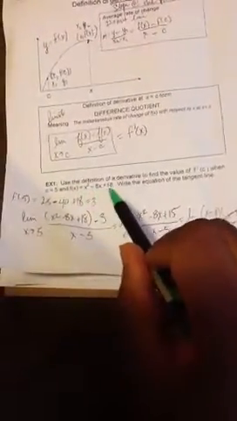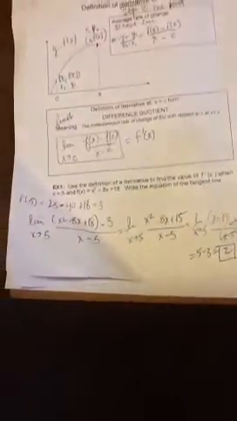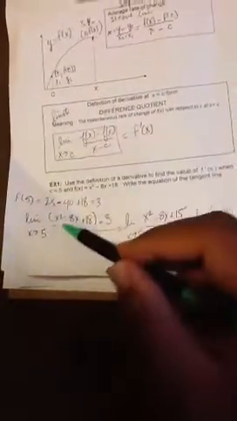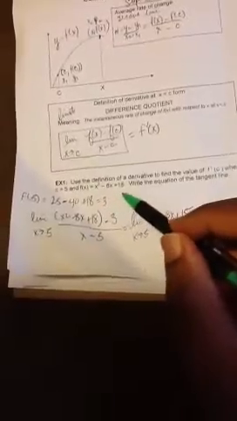So what does that 2 mean? Well, that means that on this graph, f of x equal x squared minus 8x plus 18, at the x value 5, the tangent line that touches that graph of x squared minus 8x plus 18 has a slope of 2.